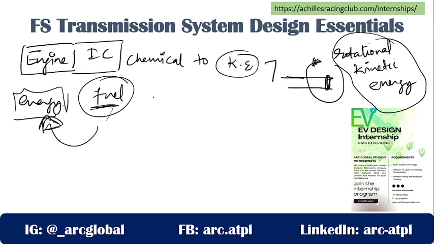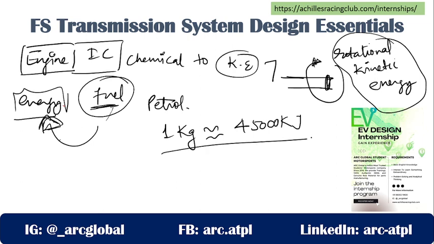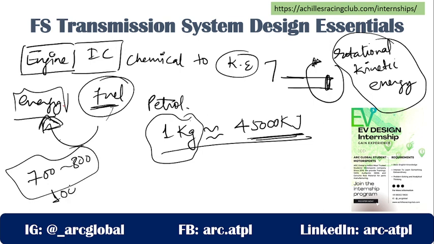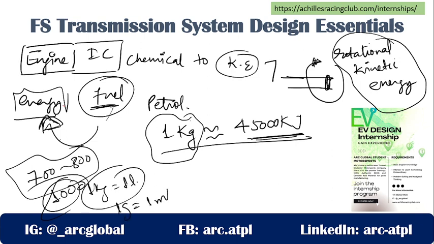So, for example, I will be using petrol. If I say 1 kg of petrol is equivalent to 45,000 kilojoule of energy. I'm not sure if it is 1 liter or 1 kg, check it. I know the density of the fuel is somewhere around 700 or 800, but as of now, I will say if the density of the petrol is 1000, then 1 kg is equivalent to 1 liter. 1 gram is equivalent to 1 milliliter.